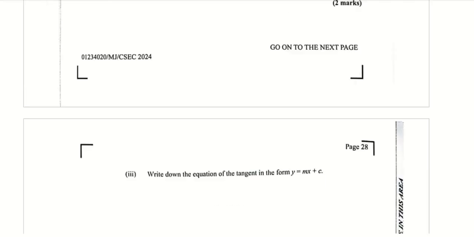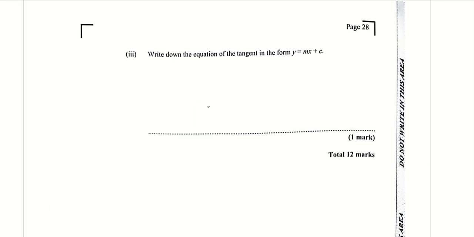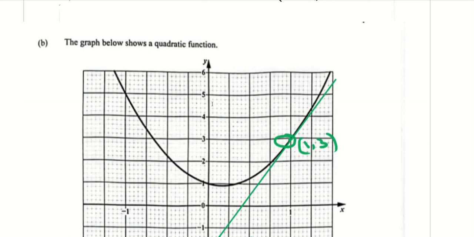Next question now is write the equation of the tangent, y is equal to mx plus c, or y minus y1 is equal to m times x minus x1. You could use a graph to find the y-intercept, but let's just do that. We're going to use the coordinates (1, 3), when x was 1, y was 3.